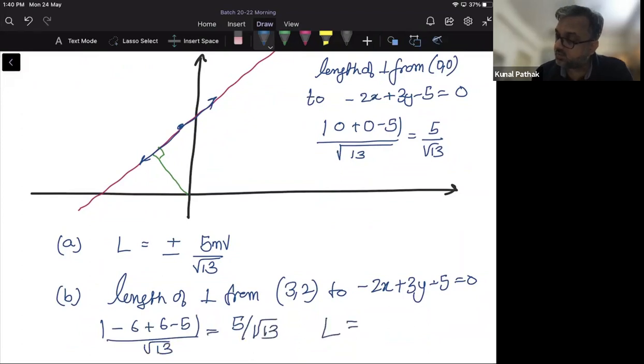So again the angular momentum will be plus or minus 5 mv.